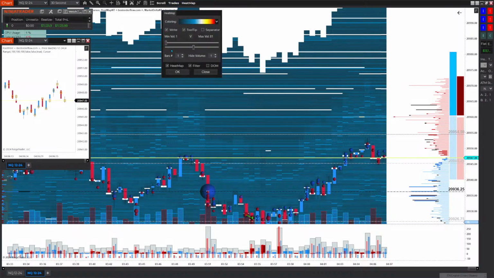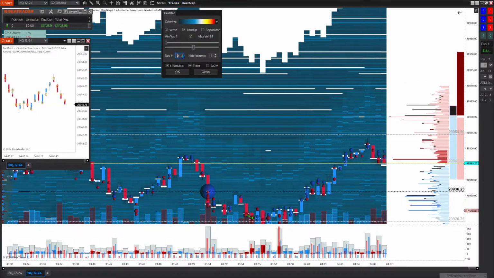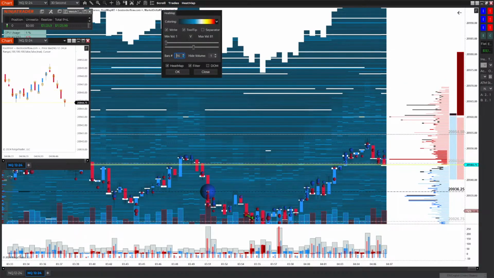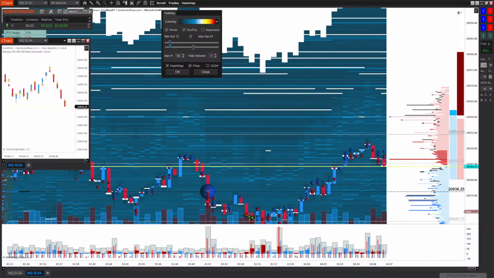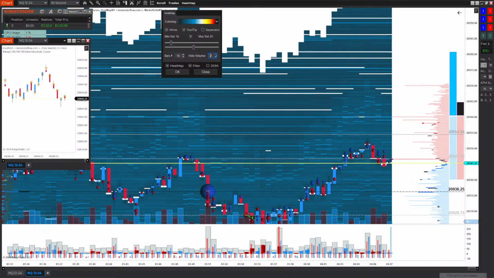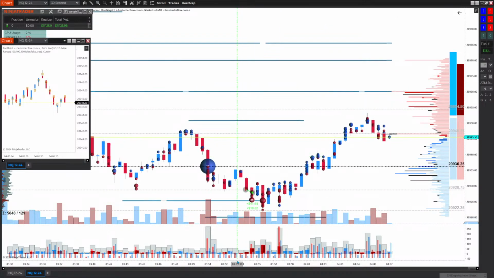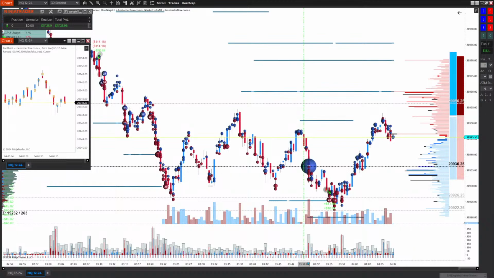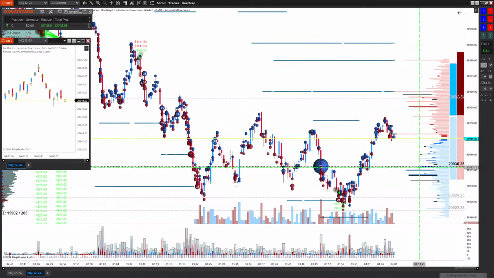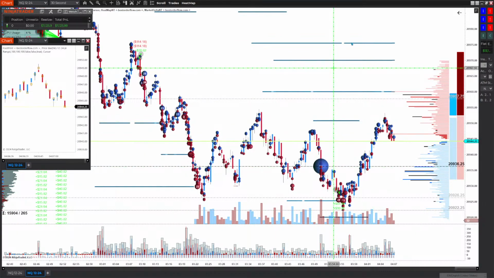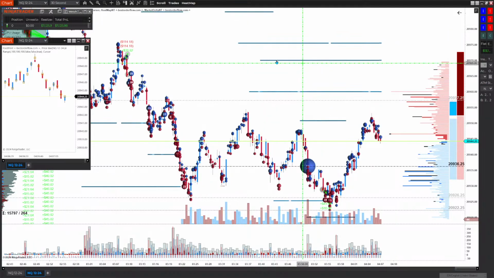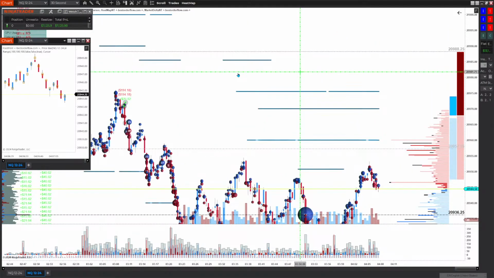So I'm gonna filter out how many bars I would like to hide, and let's say I'm gonna hide all below 16, and now you see, boom, this is much clearer. I mean, this is a London session though, there's not too much volume. When you're seeing higher volume, those lines will turn orange, red, and all of this. But right now, there is not too much volume.